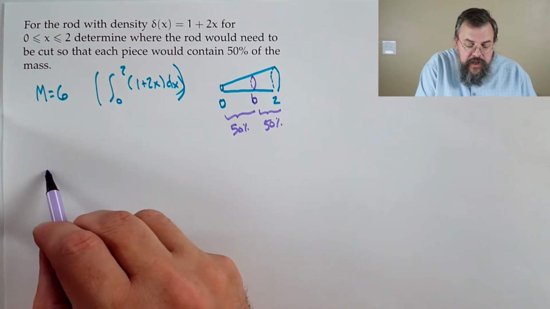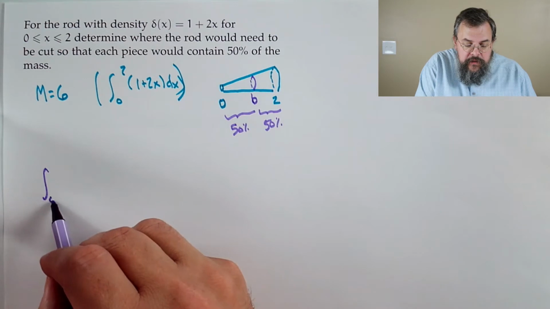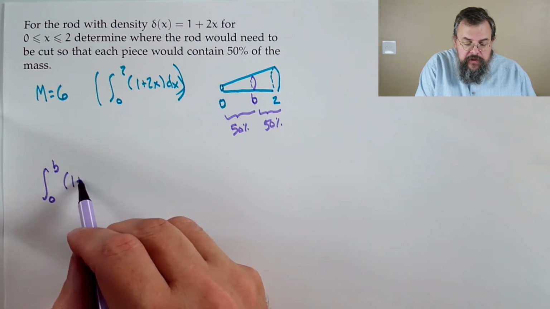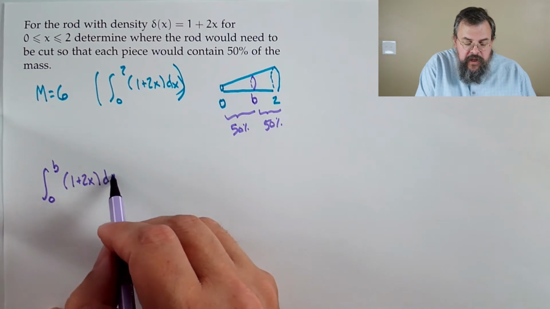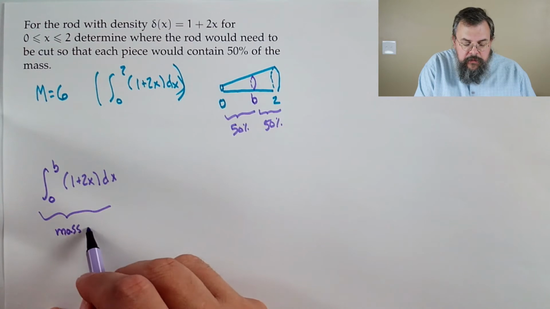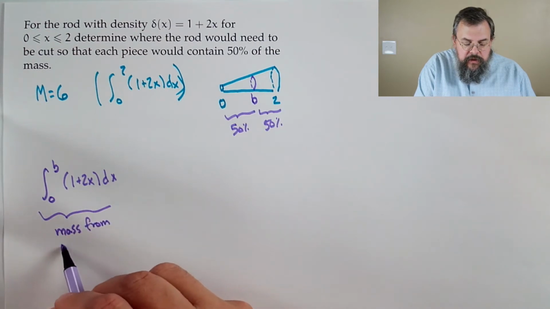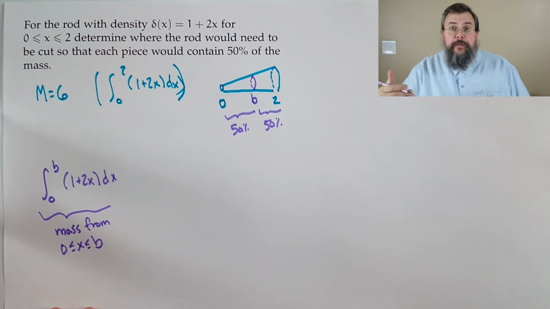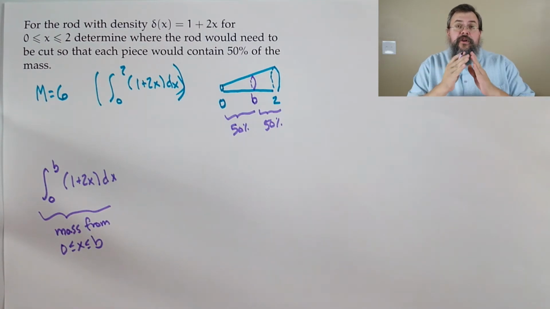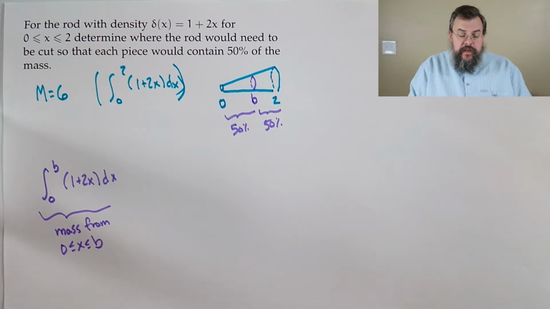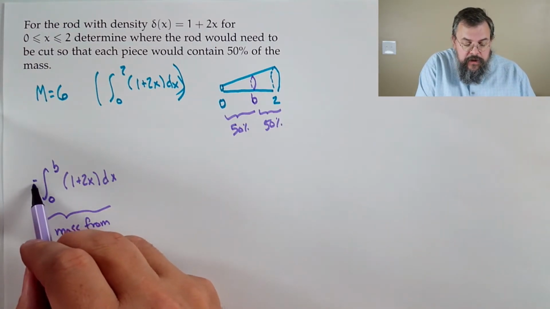Well, we want that the integral from 0 up to B of 1 plus 2x dx, and this is the mass from 0 less than or equal to x less than or equal to b, we want that to be 50%. Well, we know the total mass is 6. So if we want 50% of that, we should set this equal to 3.